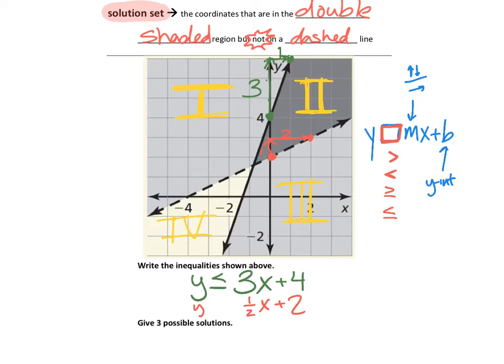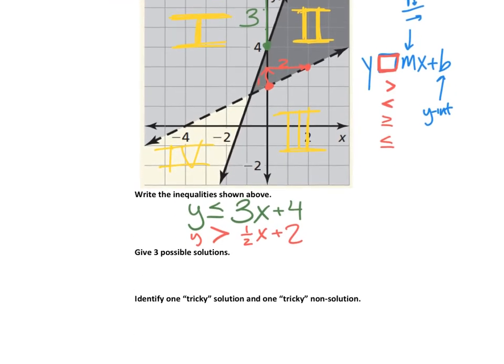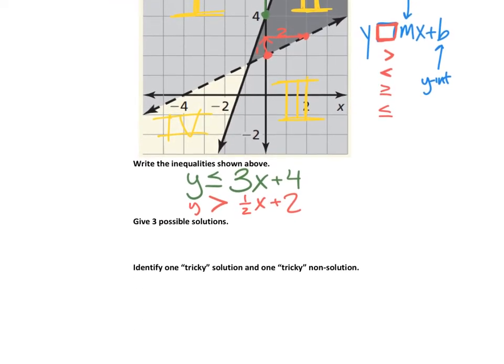No, it's not going to be or equal to. And this one, is it shaded above or below? Above, so that's greater than. Y greater than 1/2 x plus 2 is the inequality that represents that shaded region. So this right here, the green and red line that I wrote on the screen, is the system represented in this graph, matching up the slope, the y-intercept, and the shading and line.